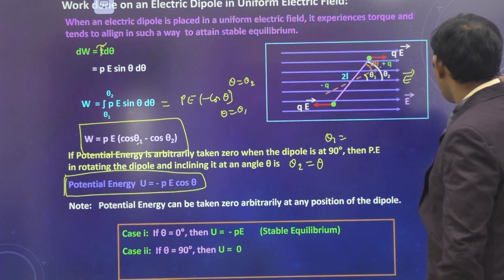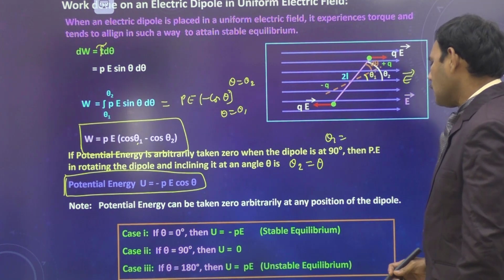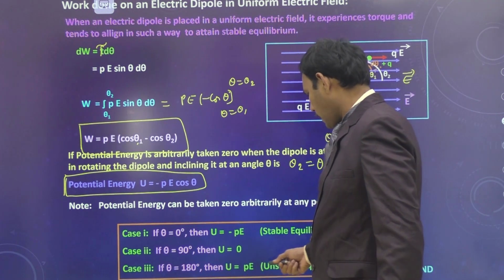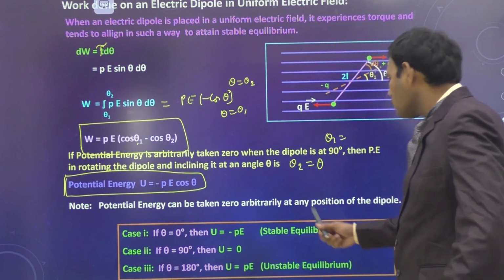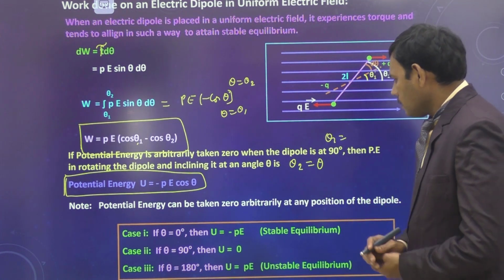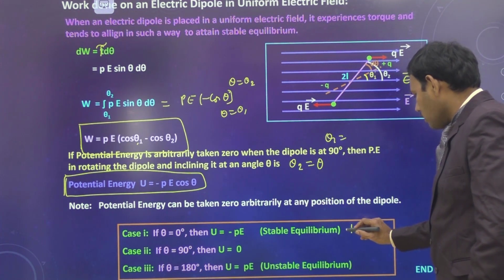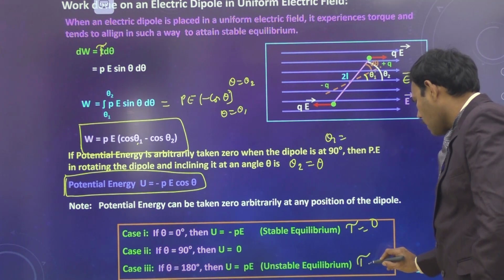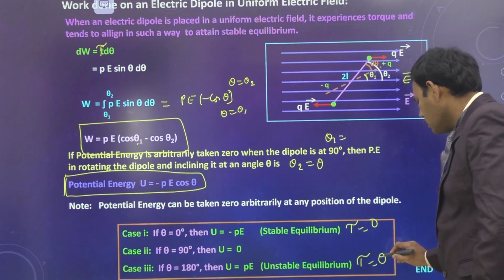At theta 90 potential energy is 0 and at 180 potential energy is maximum, plus PE. So it is maximum, and this is said to be unstable equilibrium. At theta 0 torque is 0 as well as at theta 180 torque is 0, because torque is equal to PE sin theta.